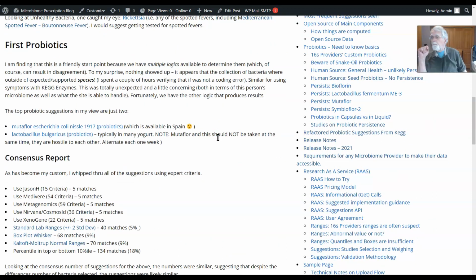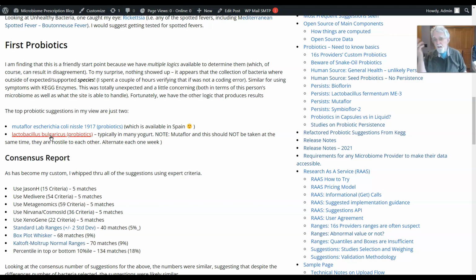Basically I went through and looked at things, and two things end up showing up. One is Mutaflor, my old favorite, and something which I have rarely ever seen show up as a suggestion, or at least not near the top, is Lactobacillus bulgaricus, which is the typical yogurt probiotic.